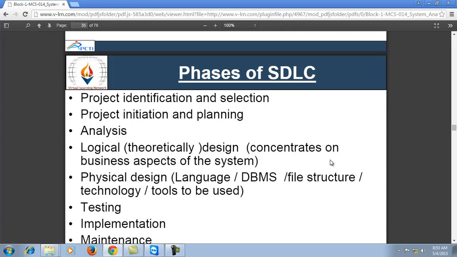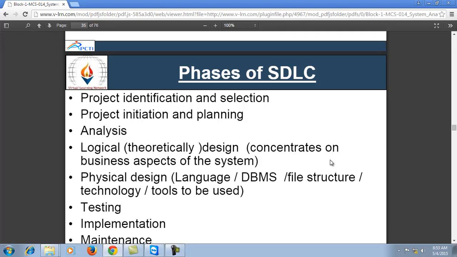But in lecture terms we cannot make you understand what exactly system development is. So to make you understand what system development is, we take the example of software development. So wherever I am using the words system development, you can consider that you are developing software.